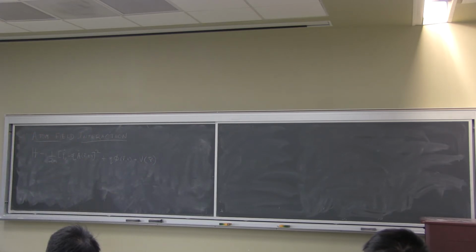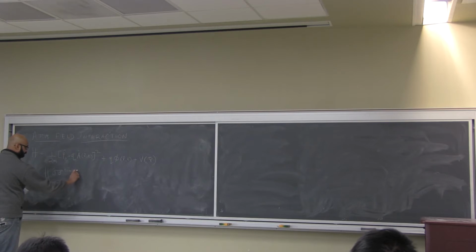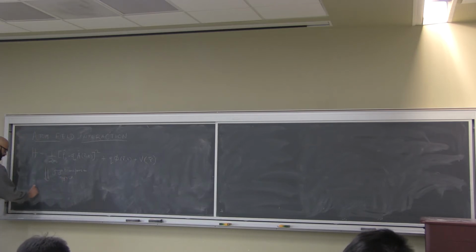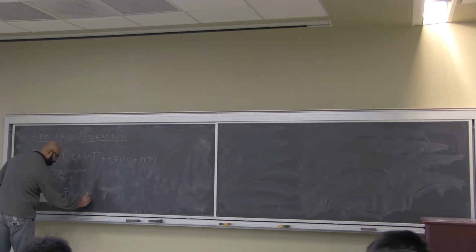And the claim was that if we make the correct gauge transformation and approximations, then we can rewrite this Hamiltonian as H prime equal to P squared over 2 m_e minus mu dot E at R equal to 0, plus V of R.